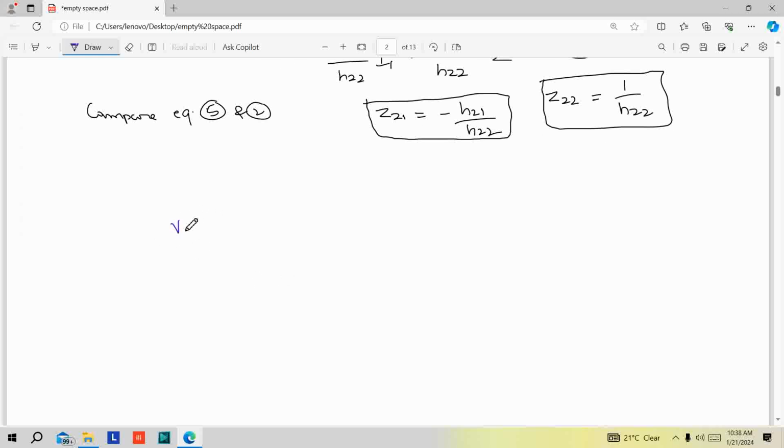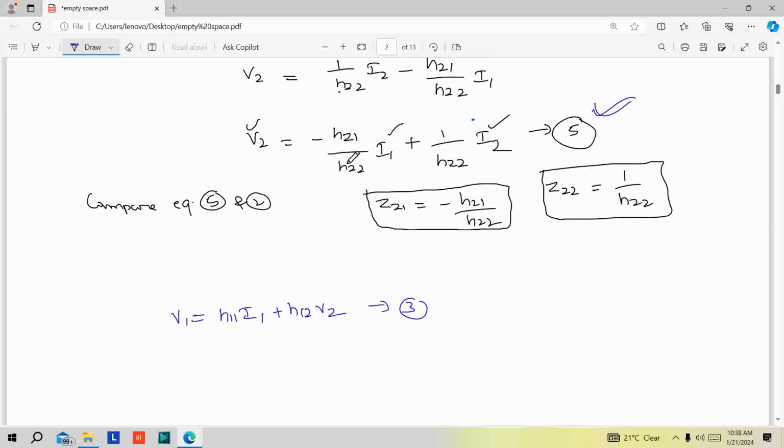Here V1 is equal to H11 I1 plus H12 V2. This is equation 3. I'm going to substitute the value of V2 from equation 5 into equation 3.